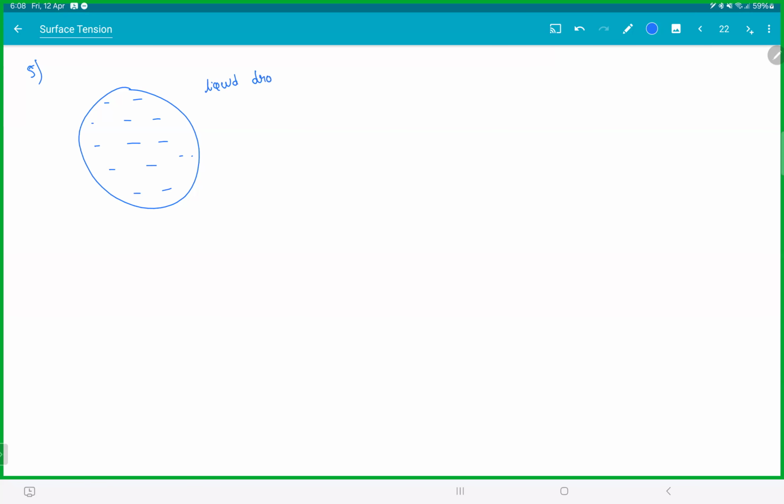It's a liquid drop of radius r. Surface tension is S. This is broken into n identical drops. Find the change in surface energy.